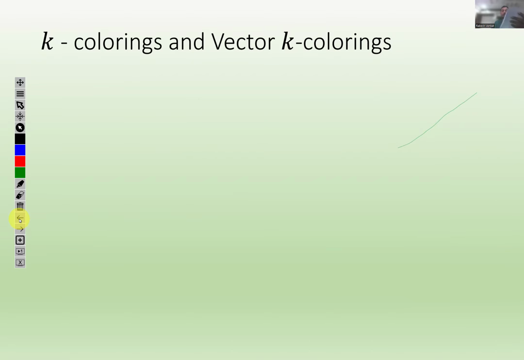So let me write down the definition of what a vector K coloring is. I know what a K coloring is, and I'm only talking about proper colorings, of course. Let me write it down explicitly. It's an assignment, let me call the assignment chi.